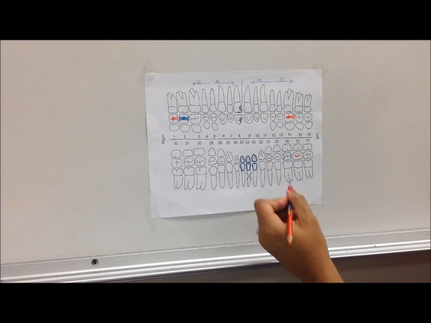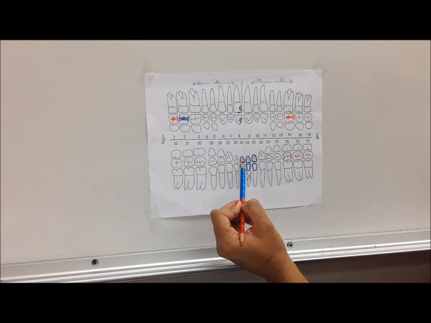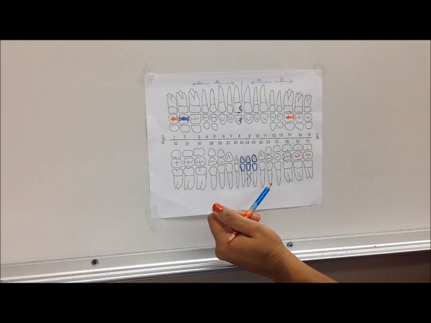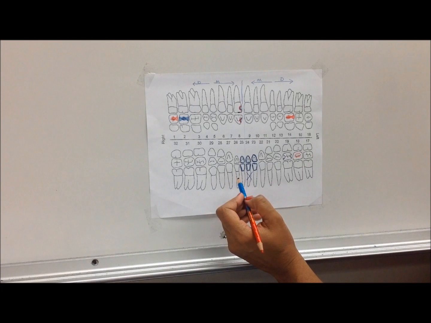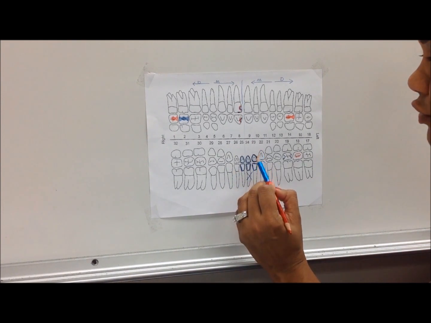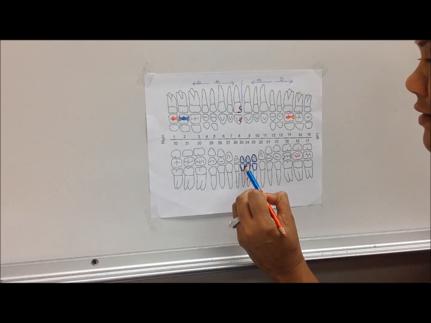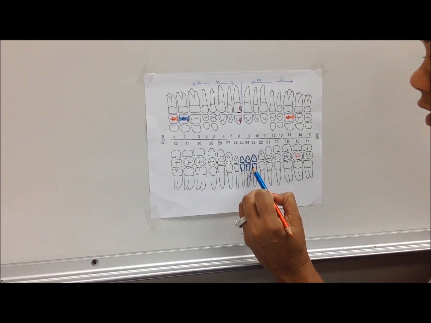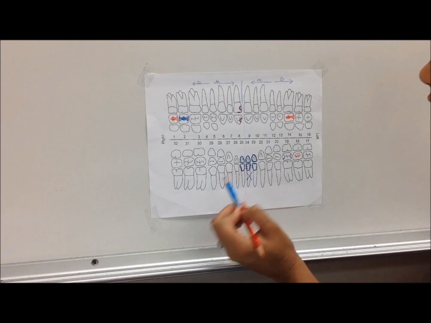Okay, so right now I see that number 23, 24, and 25 has a porcelain bridge on there. But what helps you to connect it so that you'll know that it's actually a bridge is to put lines through it. So you'll start on number 23 on the facial surface. This is your facial surface. Start here and put a line all the way across to connect it so they'll know that it's a bridge. You just make 2 lines.